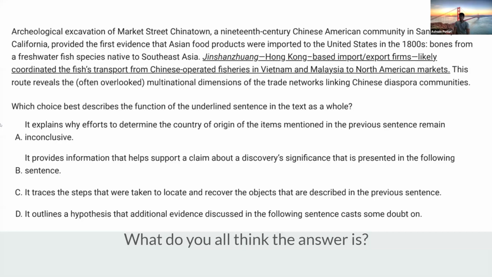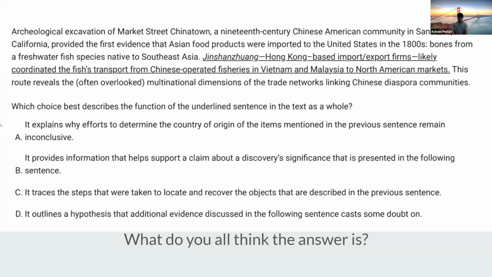So if we were to look at this text as a whole in order to discern where the hypothesis is, it doesn't really make much sense. I guess the hypothesis is that Jin Shang Huang, the Hong Kong firm, obviously coordinated the fish's transport. If you were to consider that the hypothesis, there's no additional evidence. Nowhere else does it say anything about that.